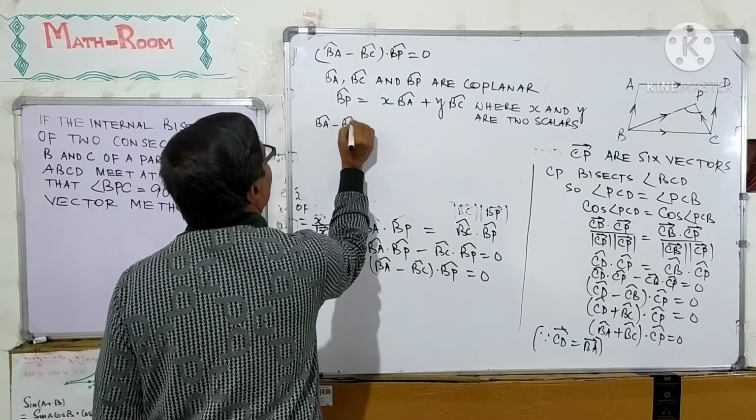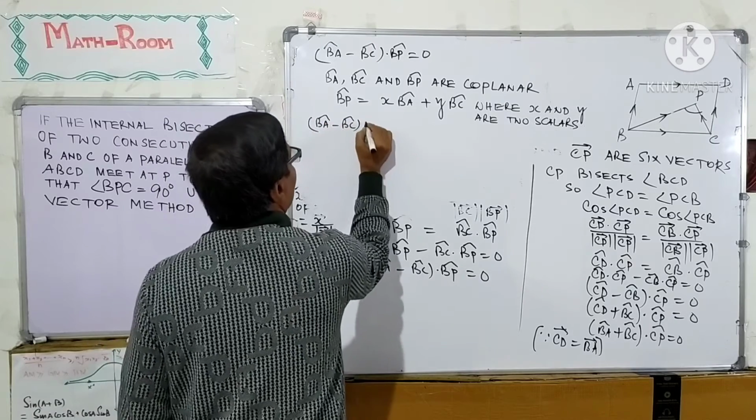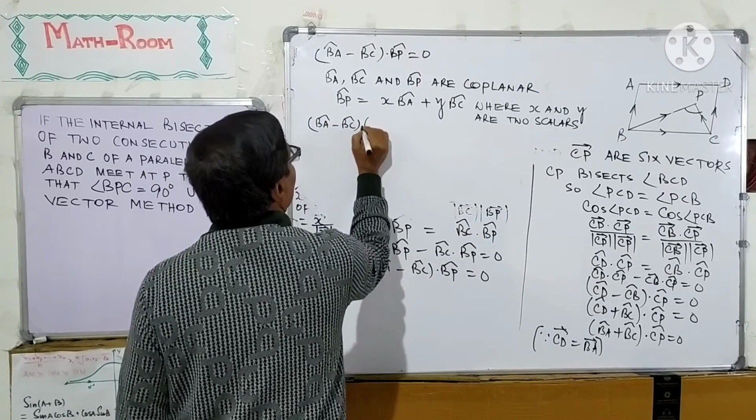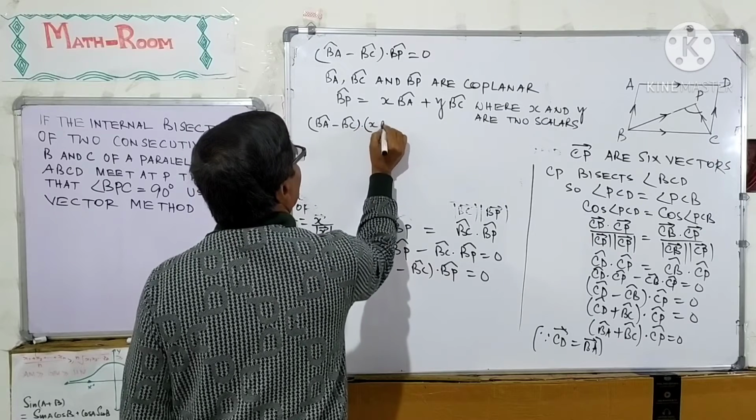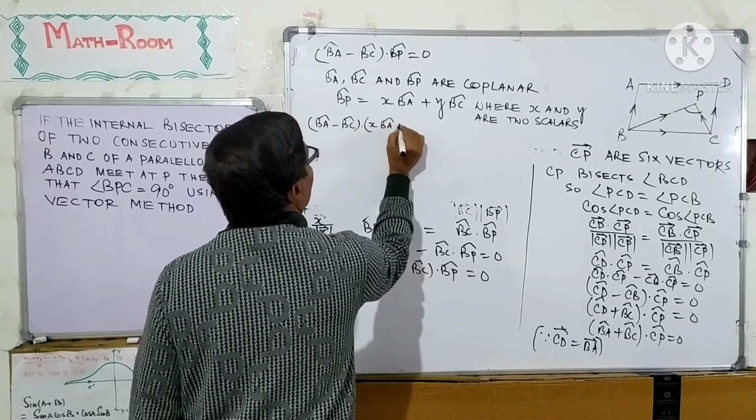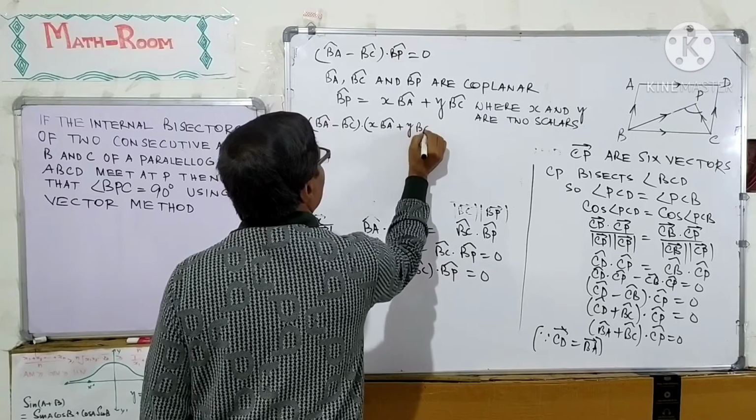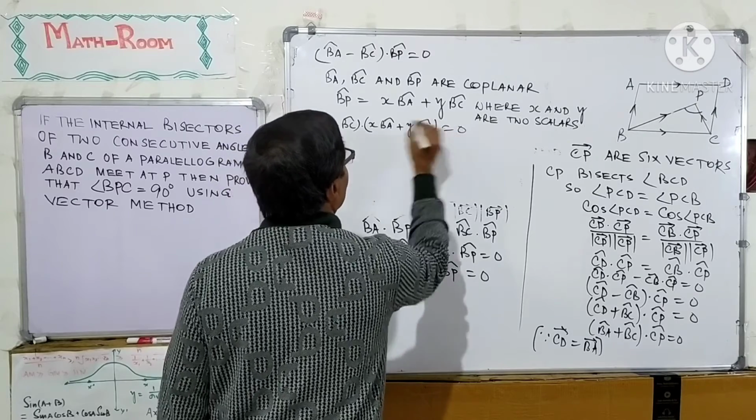Now, (BA cap minus BC cap) dot (x BA cap plus y BC cap) equal to 0.